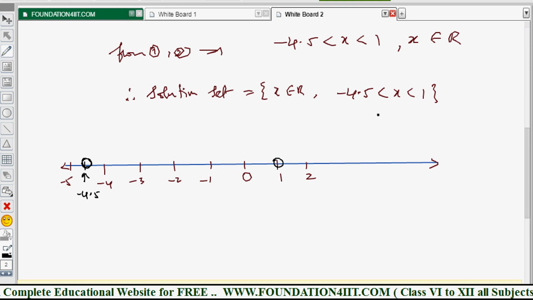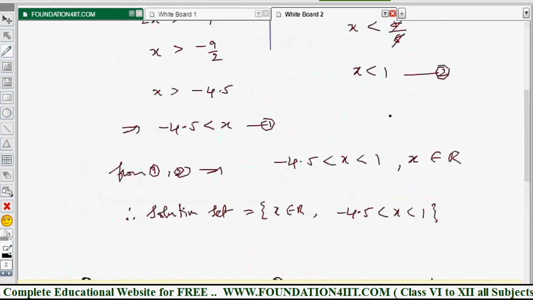Just an open circle, because it's only x less than 1, so 1 is not counted. In between these two, you can highlight this line. So each and every point between minus 4.5 and 1 is a solution for this. If it is x less than or equal to 1, you should use the closed circle, as already explained previously. This is the solution set for this problem.